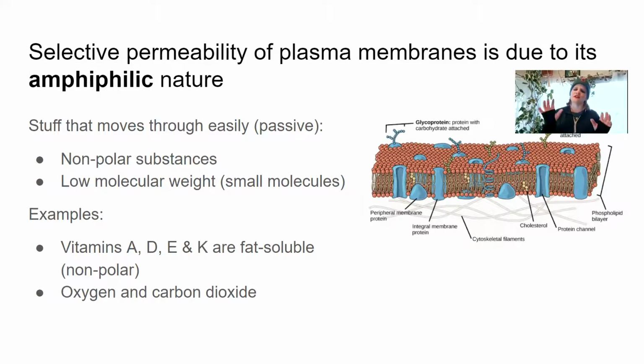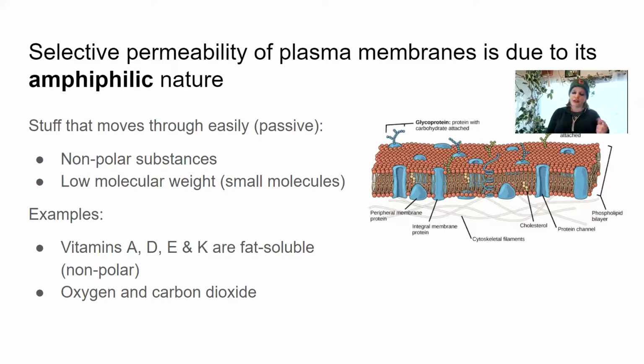Molecular weight is just that, remember when we talked about the molecular mass of the thing, which is based on how many protons and neutrons it has. Well, if you add up all the atoms that make up that molecule, you can get its molecular weight. So if it has a small molecular weight, it's probably a tiny molecule. If it has a large molecular weight, there's a lot of atoms and it's a big molecule.